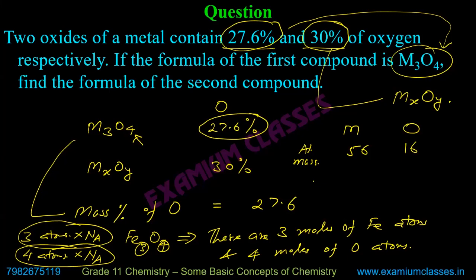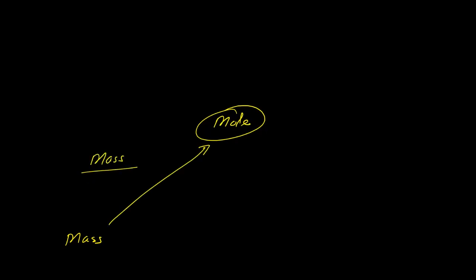If you know the mass, you remember that diagram, I hope. This is something you need to use again and again. So to convert mass to moles, it will be given mass upon molar mass. That is the concept you need to apply here, because what we need is moles. The moment we get moles, their ratio will tell us the formula.